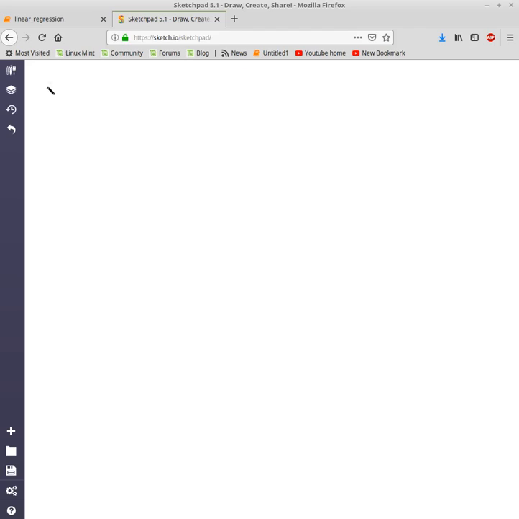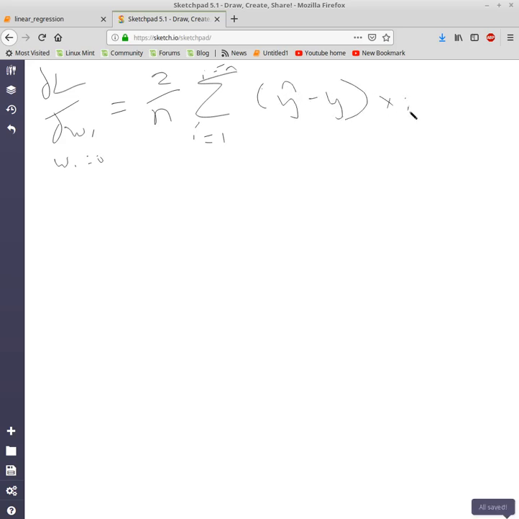So dl/dw1, when w1 is equal to 0, is equal to 2 divided by n, sigma i equals 1 to n, (y hat minus y) times x_i, where y hat is going to equal 0 times x1.